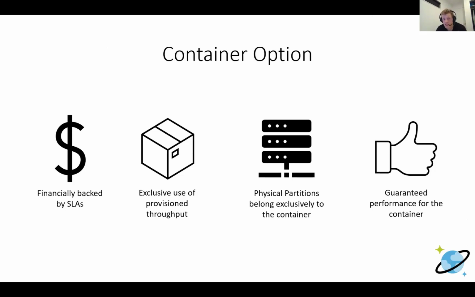Provided that you've partitioned your data effectively, the throughput that we provision on a container will be distributed evenly amongst its physical partitions that belong exclusively to that container. If you want guaranteed performance for a particular container, you should provision throughput at the container level.